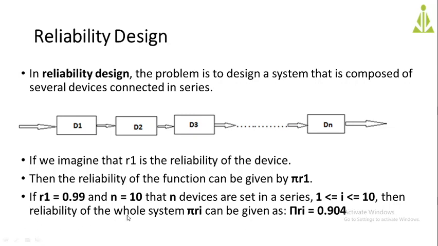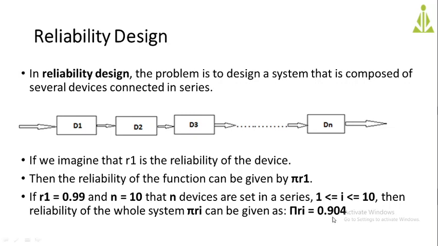Then the reliability of the whole system is the product of r_i. With 10 devices, there will be a probability of 0.904, almost 0.9.